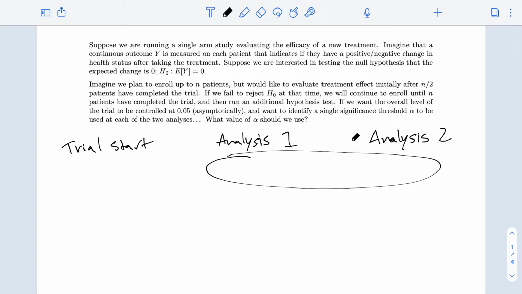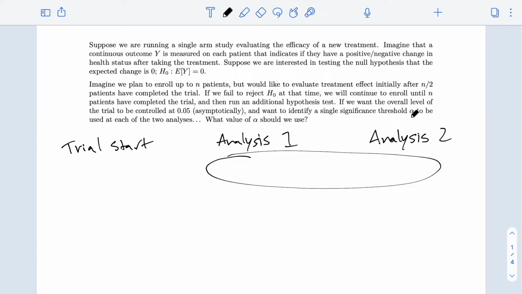So as we will see, with alpha equals 0.05, that threshold for each analysis, we would end up with an overall type 1 error of maybe close to 8%. So again, we're going to need a threshold that is less than 0.05, and we're going to see how we might calculate that. There are going to be two pieces.